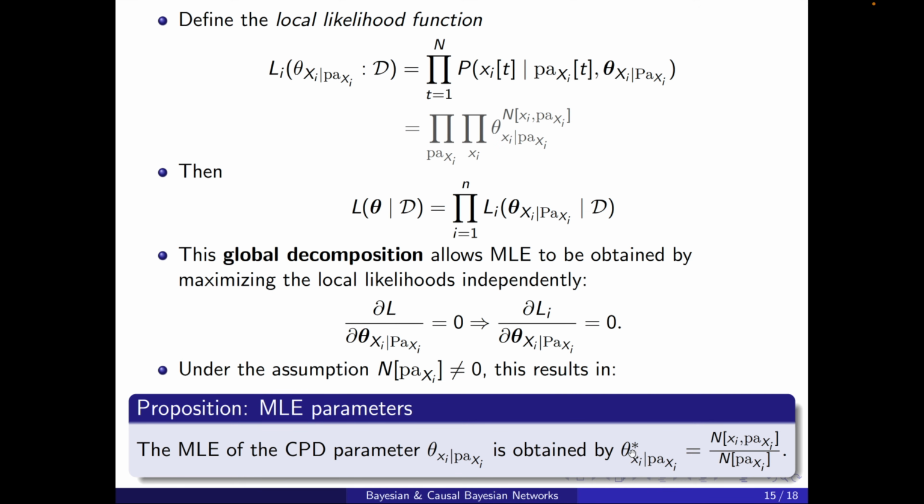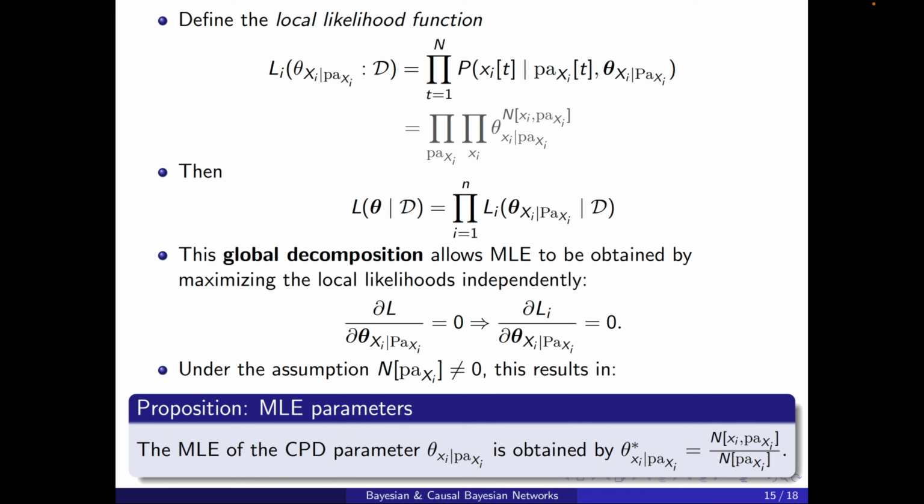So the optimal one is equal to the number of times both of them, the node and its parent, appear in the data set divided by the times that the parent appears. And we said that this looks like the definition of a conditional probability. Now I want to quote here from Professor Ross Greiner that this is embarrassingly simple.